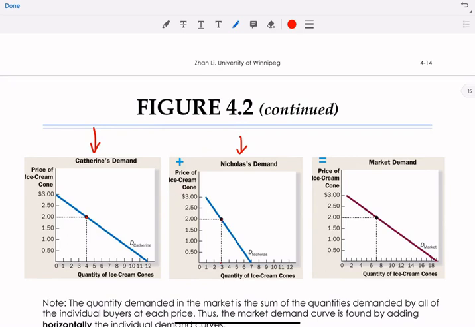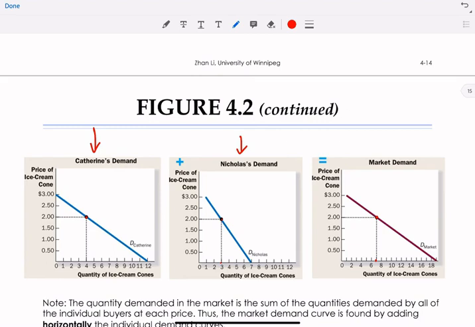So this implies at the price of 2, the quantity demanded by the market is 7, right? So we should draw a point here. We could do the same thing for other prices, by adding up quantity demanded of these two consumers. In the end, we will get the market demand curve.